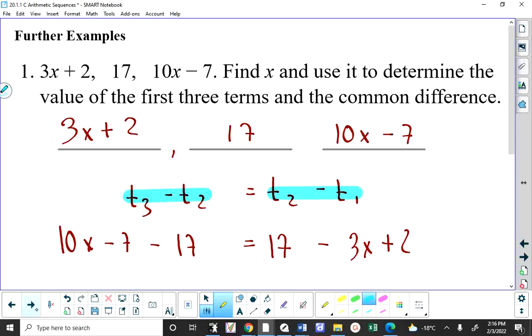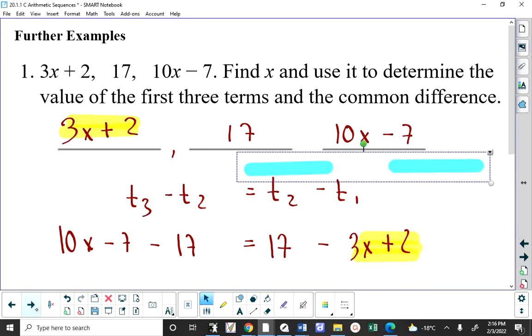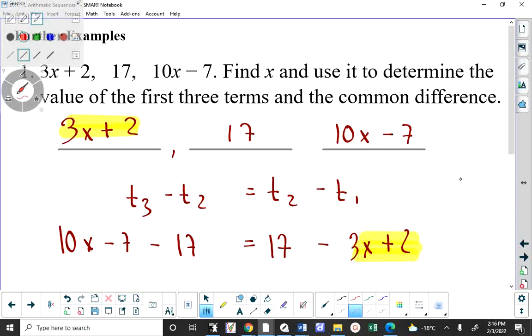And I want you to notice that when I put in the first term for T1, I'll get rid of this stuff. So there's my minus T1.